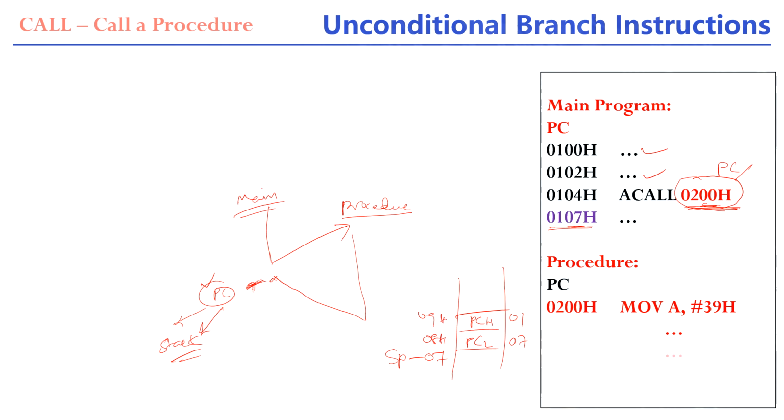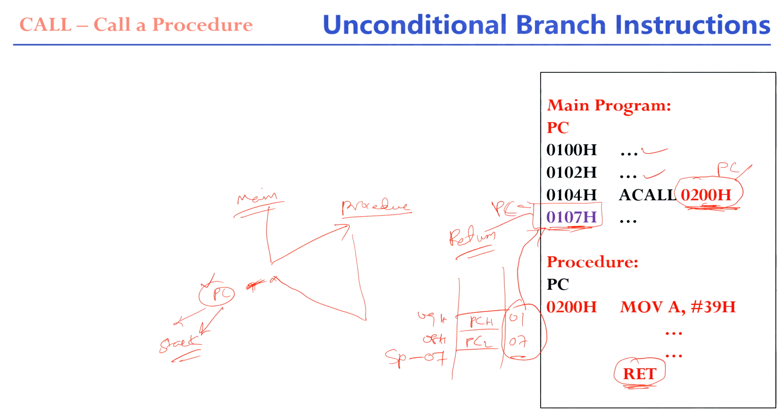In the procedure, some instructions are executed, and at the end of each procedure, there must be a return instruction. Why? Because we already saved the return address in the stack. We need to retrieve it from the stack. So once the return instruction is executed, the return address is placed in PC again.